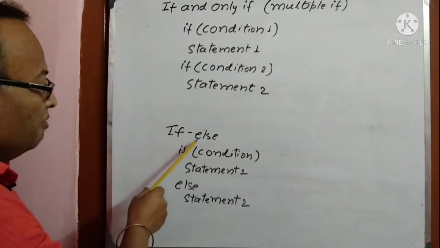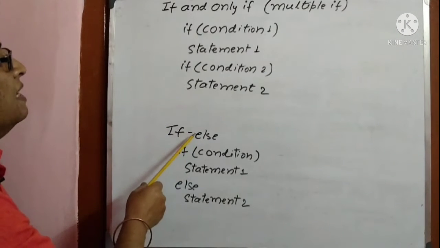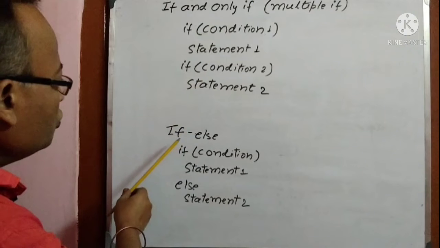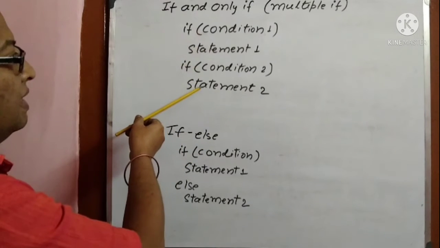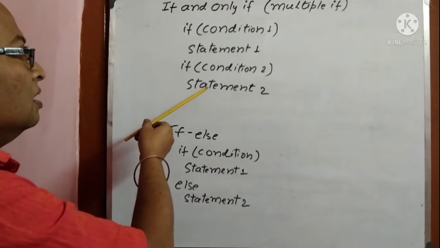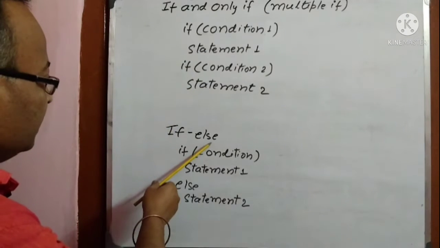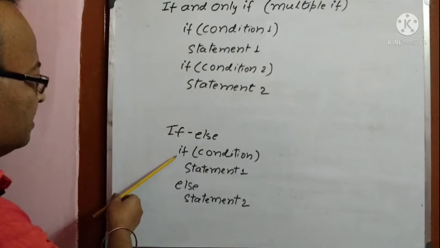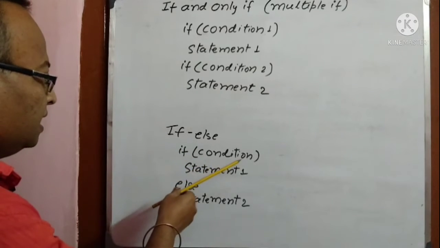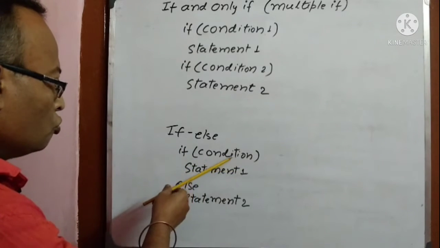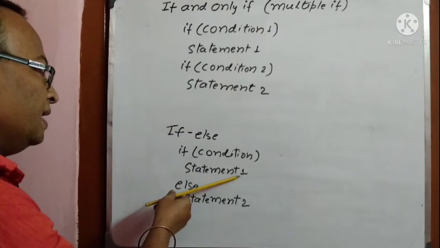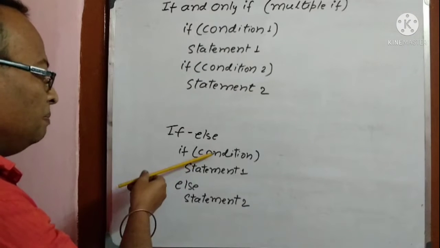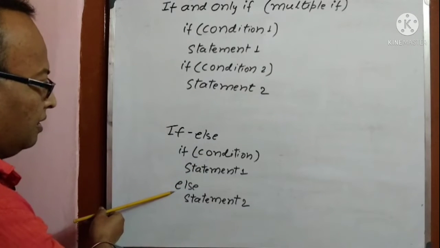Here I have written if else. Why I have written if else? Because I will show you how you can use if else in place of this multiple ifs. So for if else, the syntax is if this condition holds true, then statement 1 will get executed, and else, that means this is the false case.